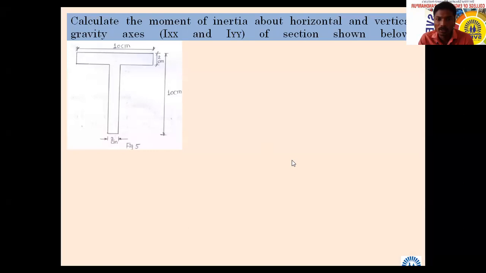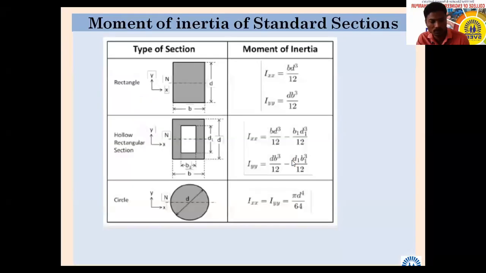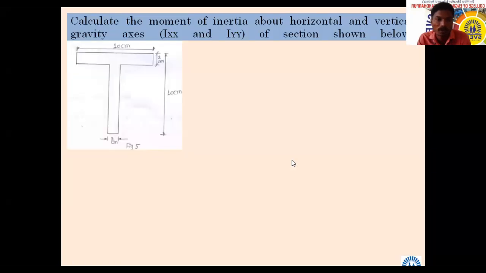Calculate the moment of inertia about the horizontal and vertical gravity axes, Ixx and Iyy, of the section as shown in the following figure.